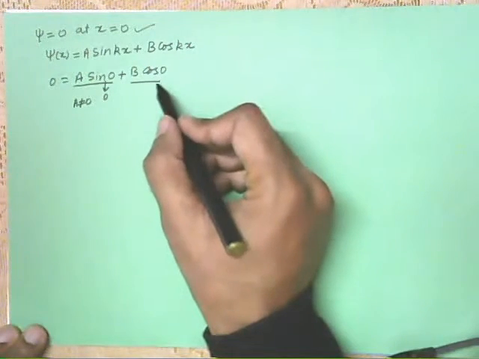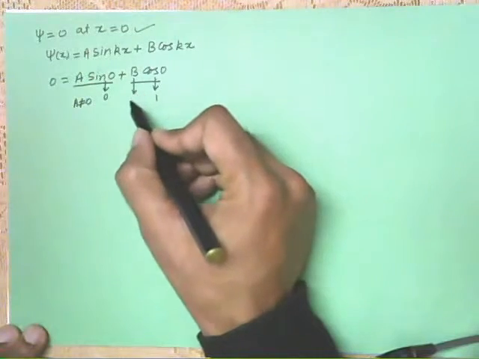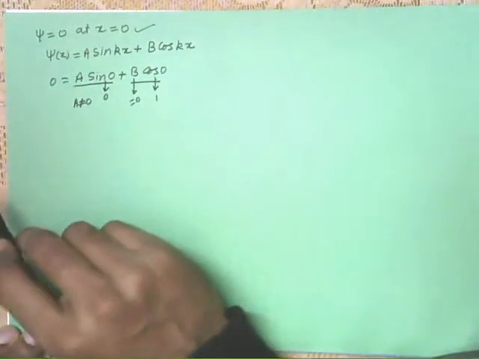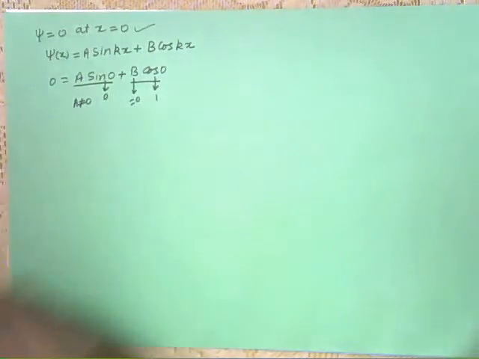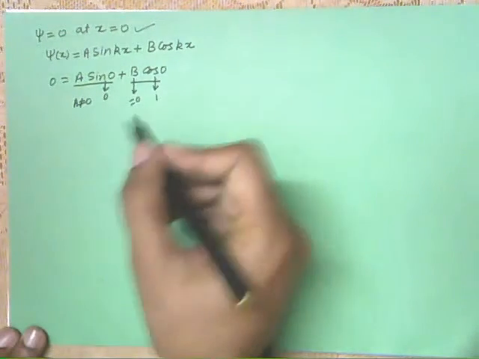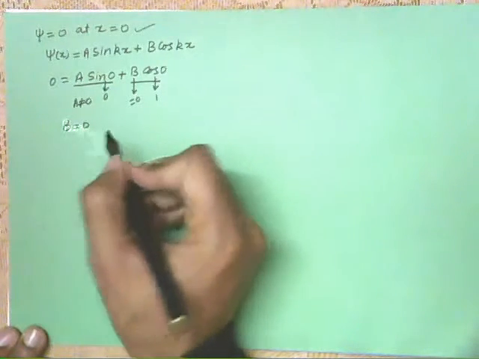Here cos 0 is equal to 1, it means B is equal to 0. So the sum of these two terms will be 0. So now we can conclude from here that B is equal to 0.